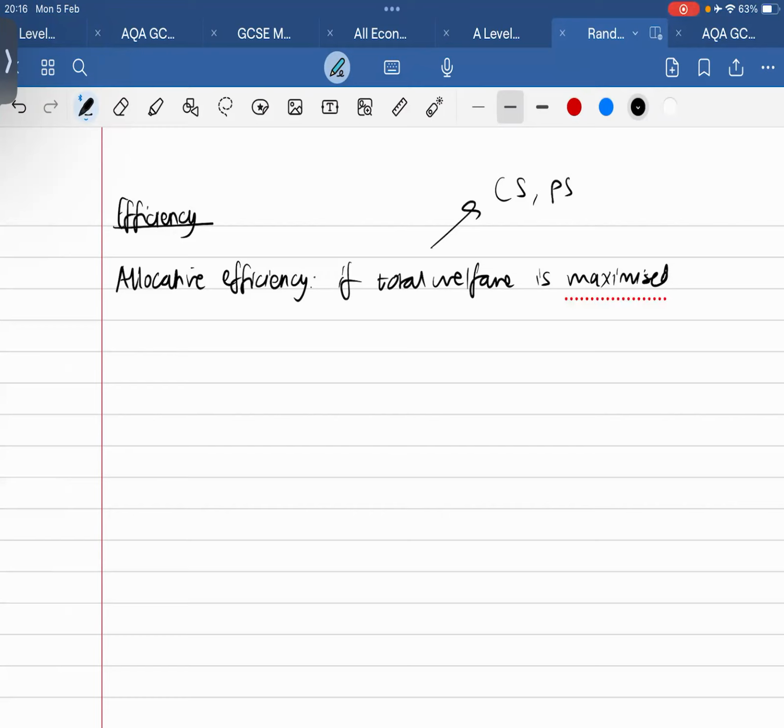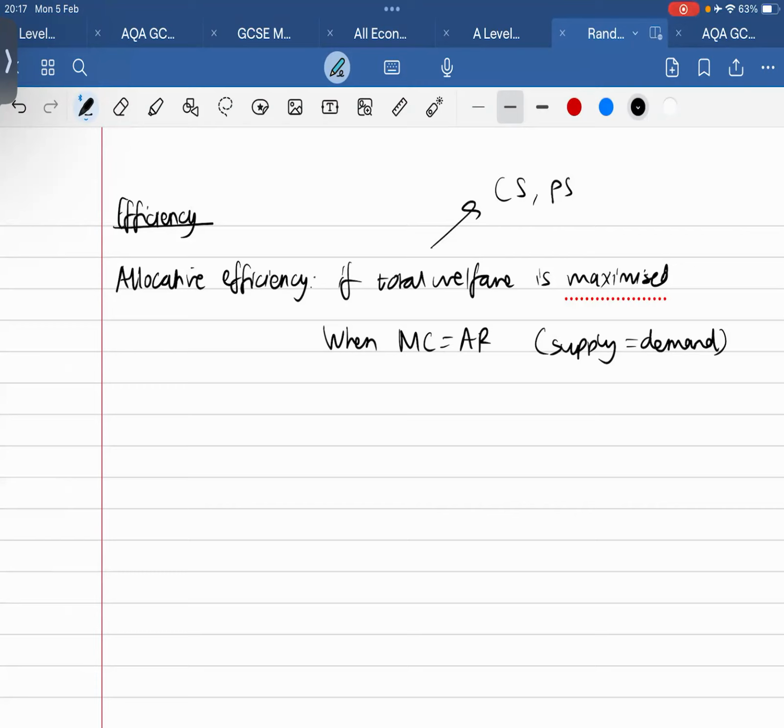This happens when MC equals AR. You can think of it as supply equals demand. So it's like your market equilibrium from year 12.